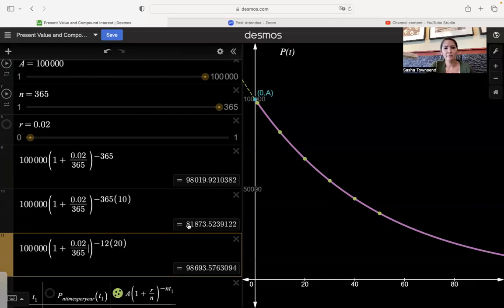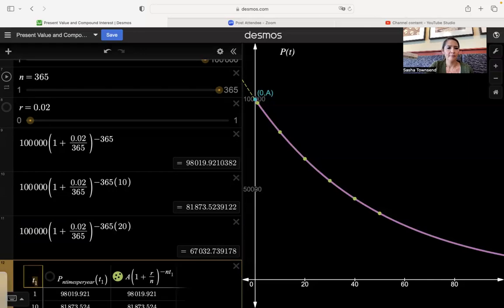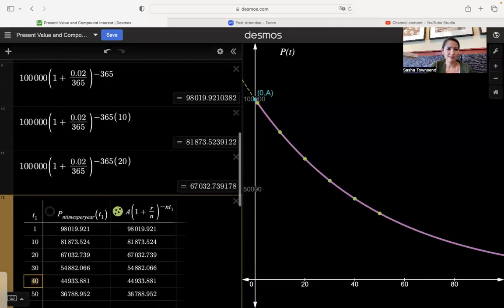We need to deposit $81,873 right now and 52 cents. If we're willing to wait 20 years to have $100,000 at a 2% interest rate and it's compounded daily, we need to deposit, oops, that's the wrong number. That should be 365. We need to deposit $67,032.74 right now.